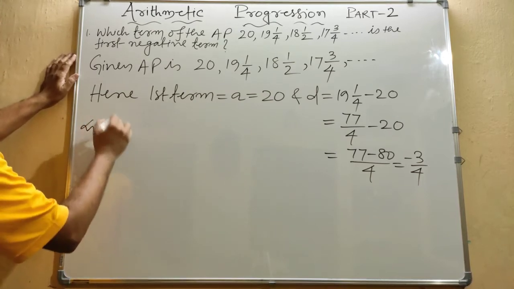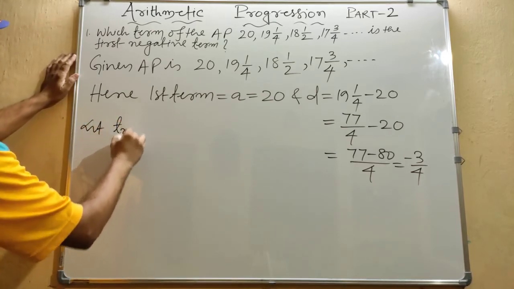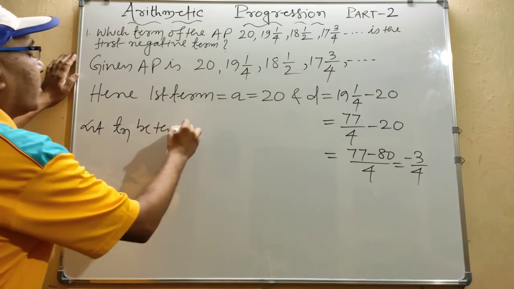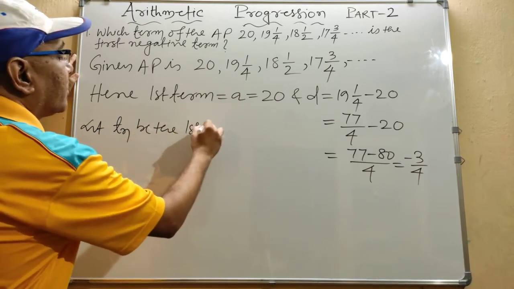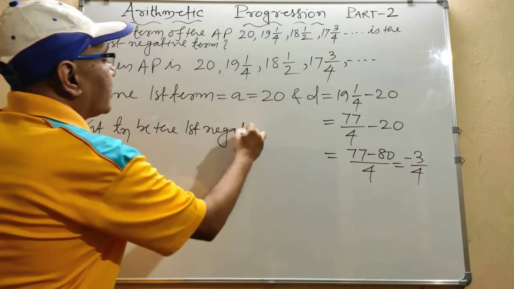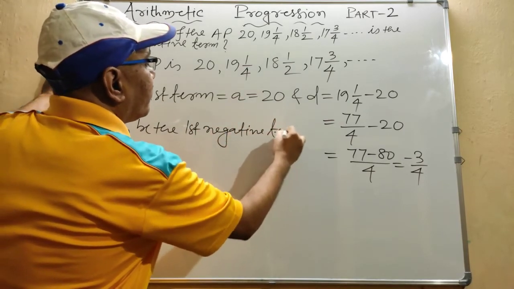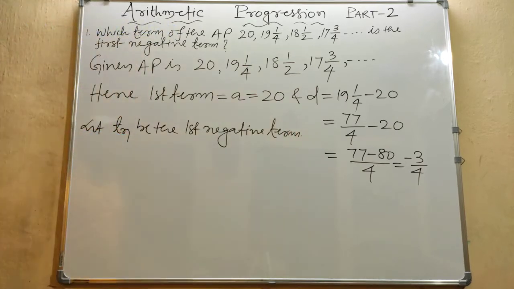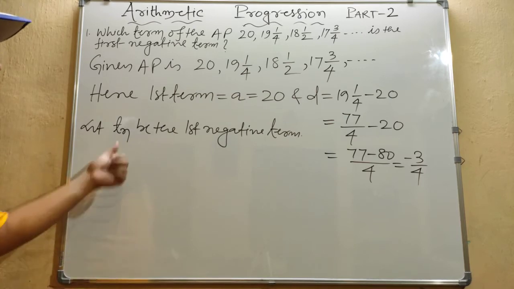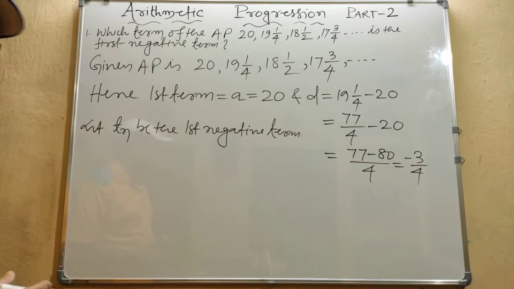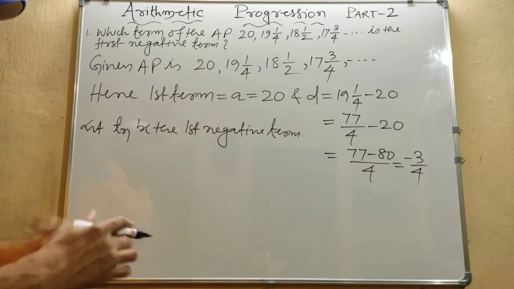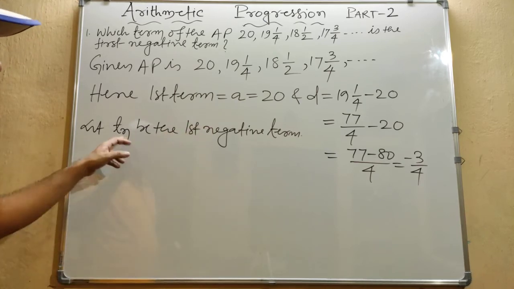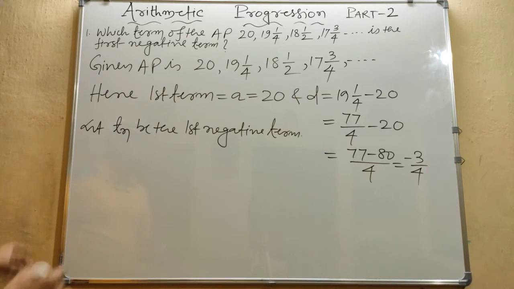Let Tn be the first negative term. Let us suppose Tn is the first negative term, so you have to find the value of n. जैसे 10th टर्म फर्स्ट नेगेटिव टर्म, तो आपको n निकालना होगा, n का वैल्यू 10 आएगा. तो we have assumed Tn मान लेते हैं पहला नेगेटिव टर्म है, तो n आपको निकालना है कि n का वैल्यू क्या होगा.